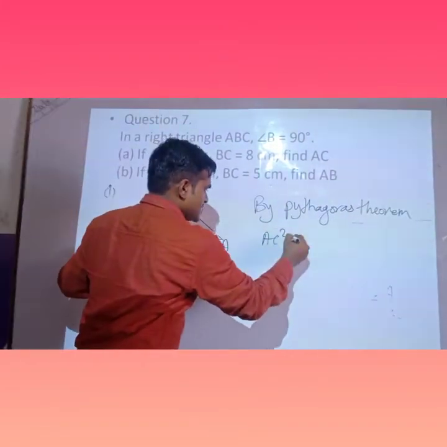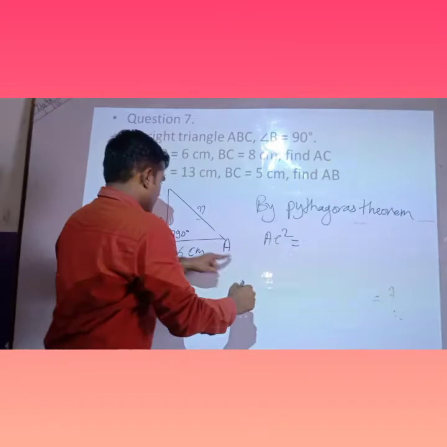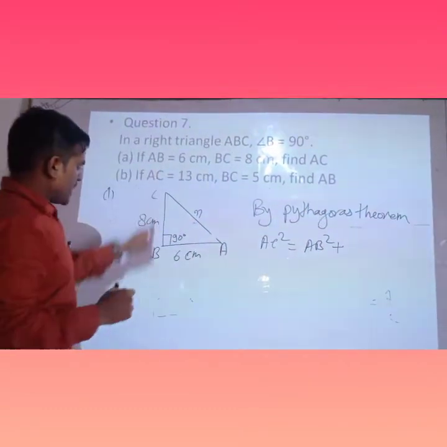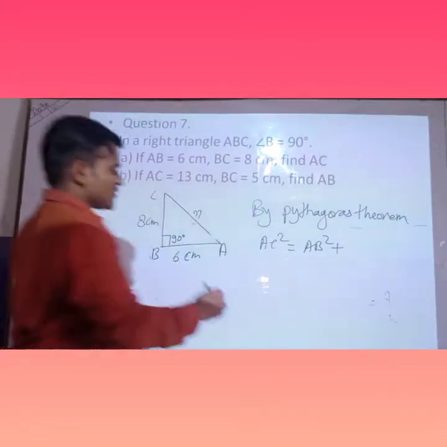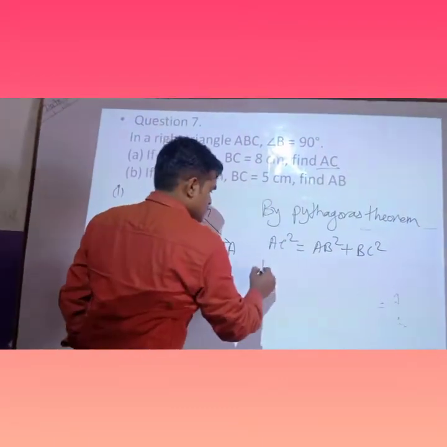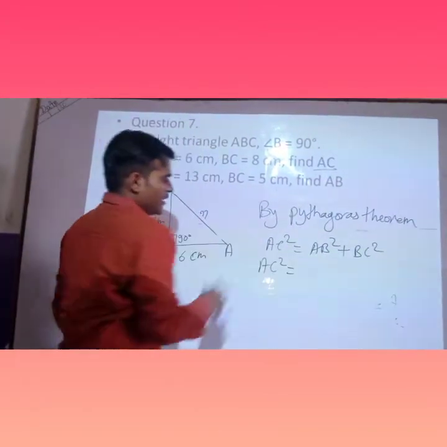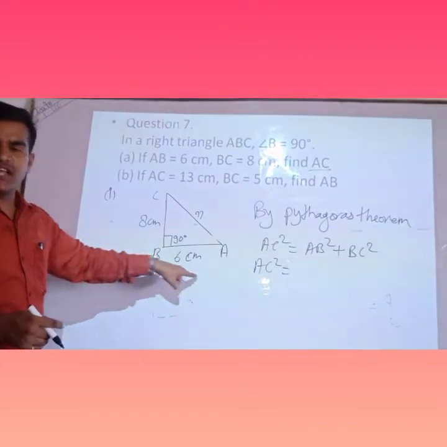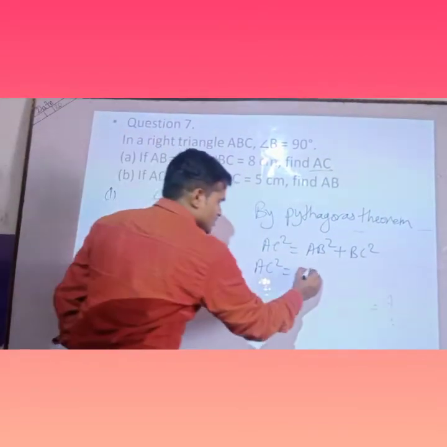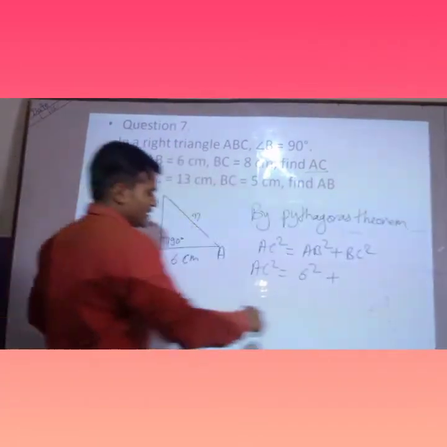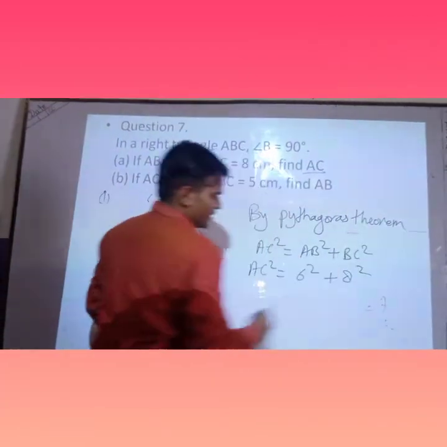Square of AC is equal to square of AB, the base square, plus square of BC, the perpendicular square. AB is given as 6 centimeter, and BC is given as 8 centimeter.